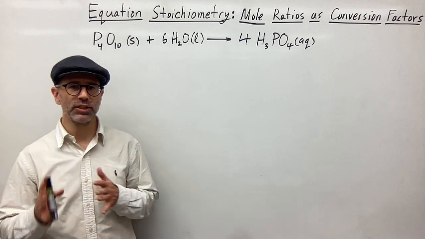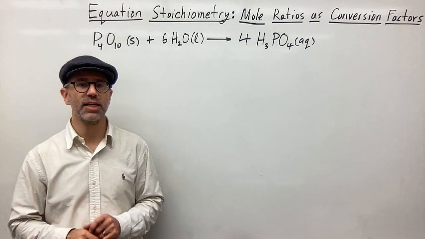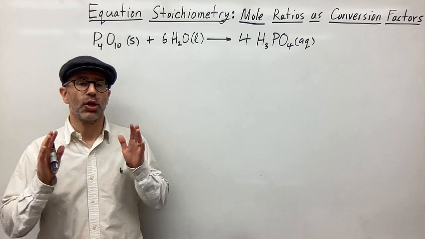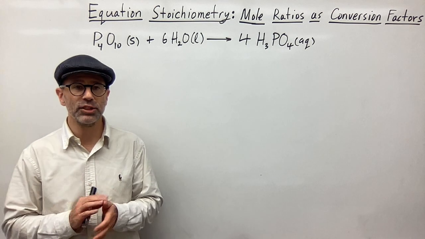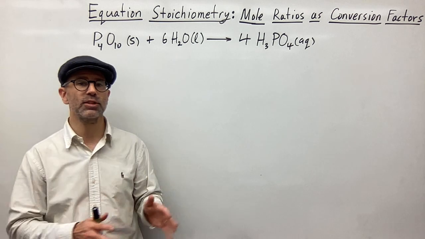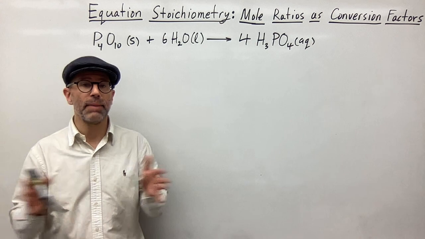Whenever you're doing equation stoichiometry, or stoichiometry in and of itself, you need a balanced chemical equation. The reason is that in stoichiometry, you are converting from one substance to a different substance, so you're using a balanced equation, right?